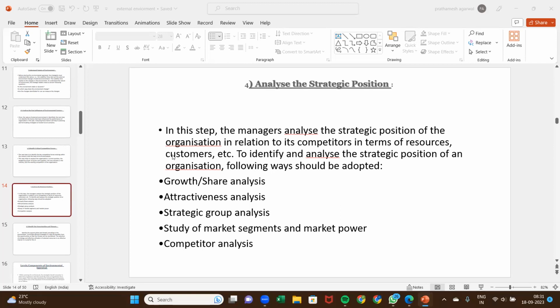And do they have willingness to buy? To identify and analyze the strategic position of the organization, the following ways should be adopted: growth share analysis, attractiveness analysis, we'll see one by one point, strategic group analysis, all right, and study of market segments and market power, and we have competitive analysis.